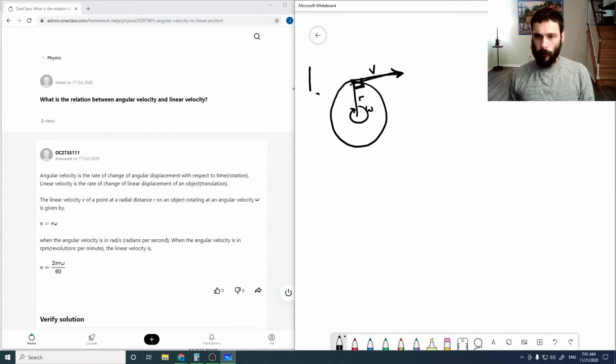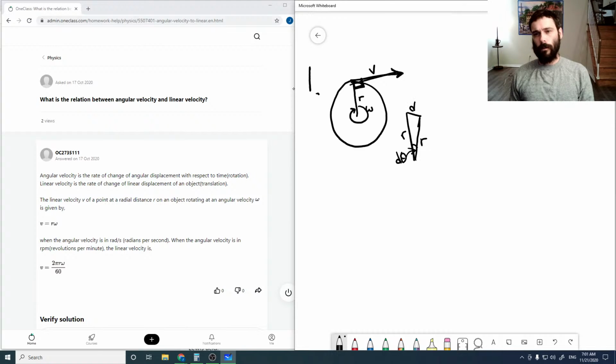And so the way that this expression is derived is by considering similar triangles. If we consider a small wedge of angle d theta, then each of the arms is r.